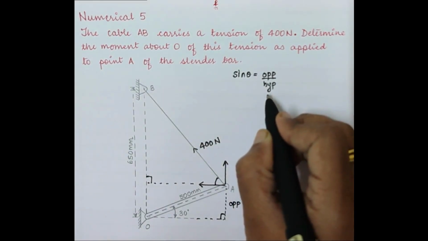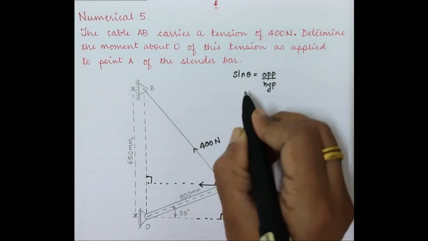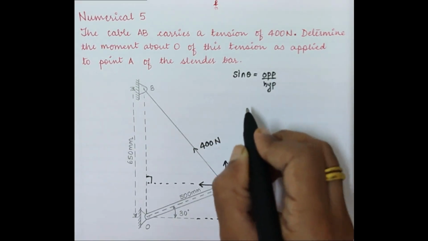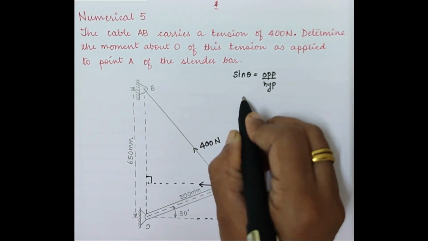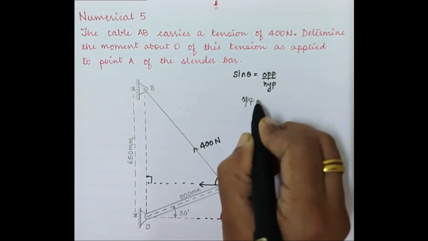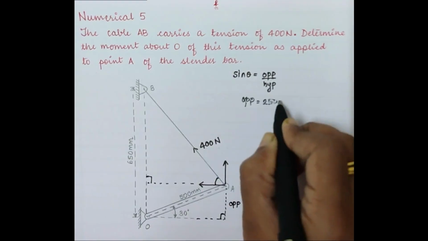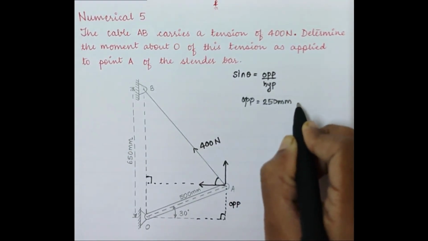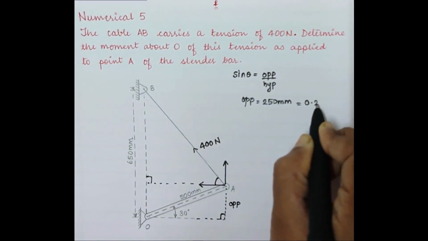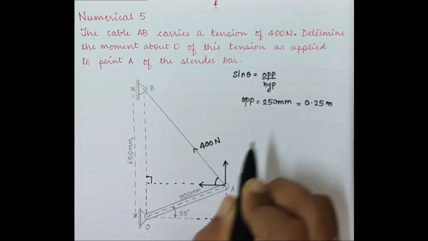Since hypotenuse is given, that means 500, theta is given as 30 degrees. That's how we calculate the value of opposite, which comes out to be 250 mm. Converted into meters, it becomes 0.25 meters.